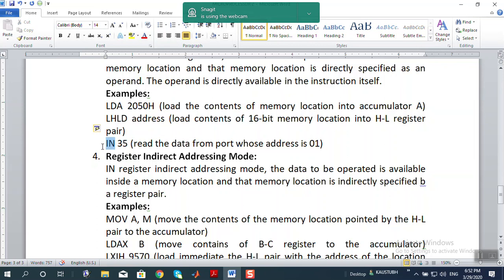It is not mentioned, but it is implied that it is the accumulator. So data will be copied to the accumulator from a port. The address of the port is given directly along with the instruction, so it is a direct addressing mode instruction. So read the data from the port whose address is, it's not 01, it should be 35.